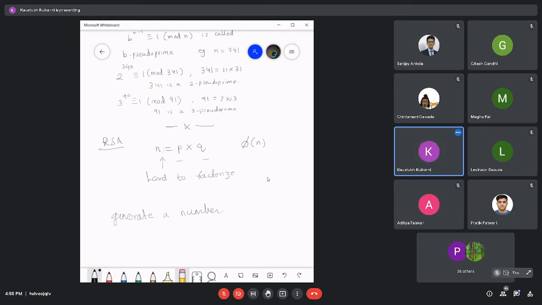The other way is we generate a prime number. When we say a 100 digits long prime number, how do we generate it? How do we generate a prime number?